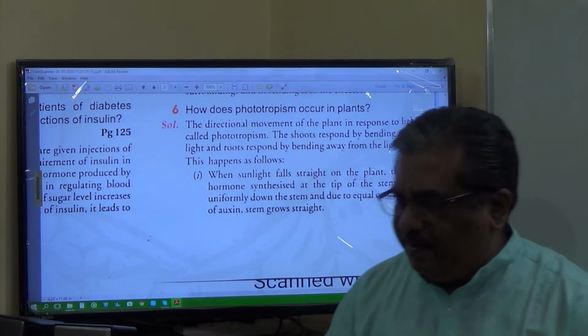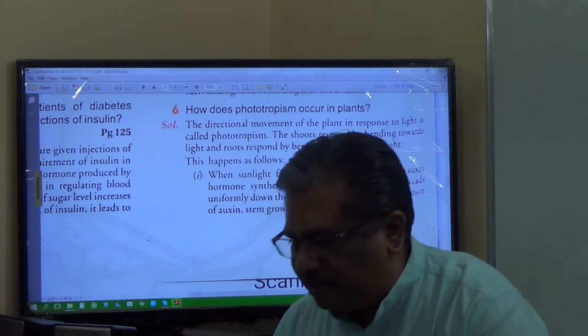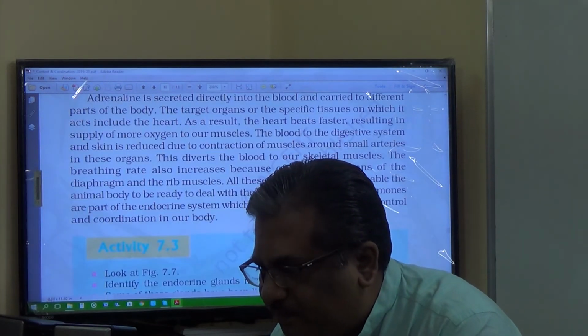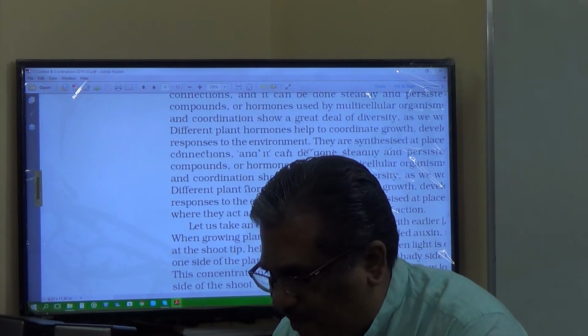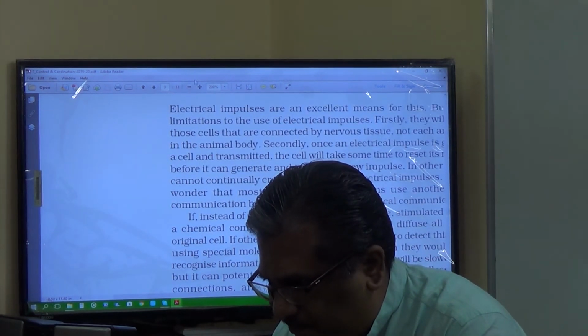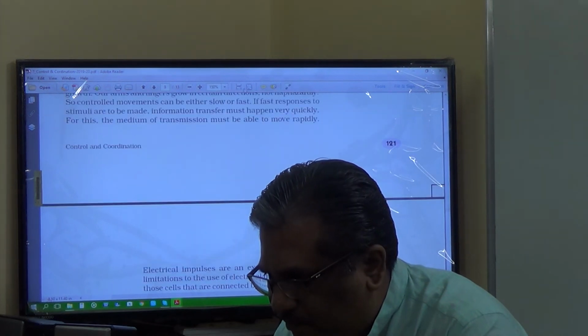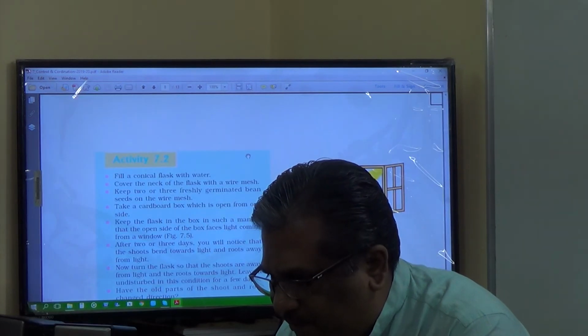That activity is the answer for this. How does phototropism take place in plants? And in that activity, you can see here in your textbook. I'll show you that activity, and I'll read a couple of sentences from that. Here it is.